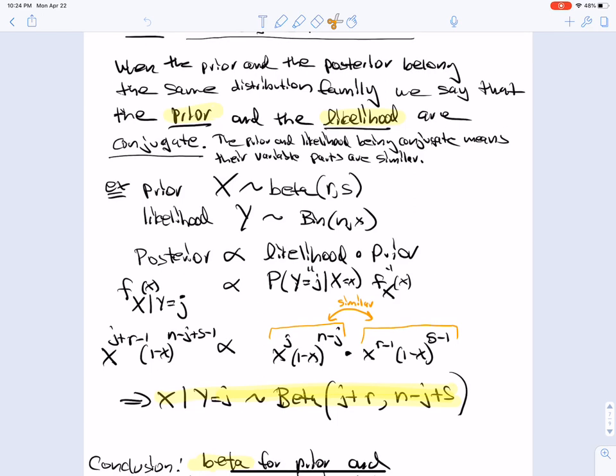And so the likelihood for binomial is x to the j, 1 minus x to the n minus j, because Y is binomial.